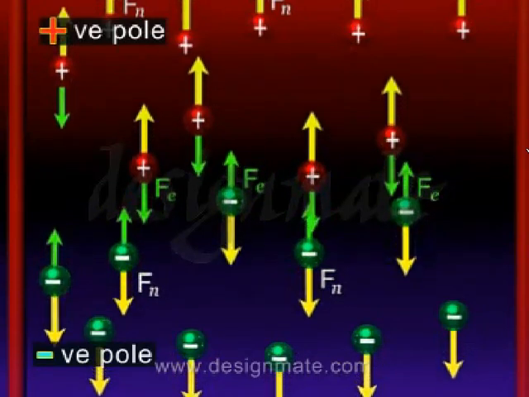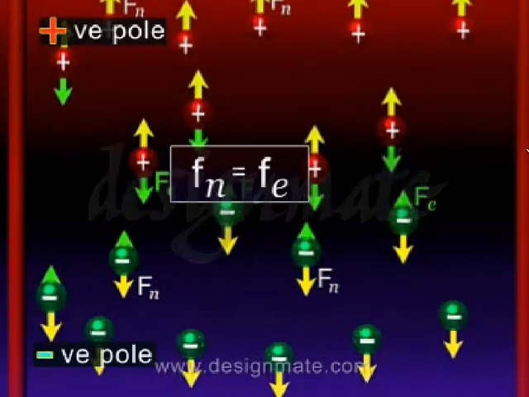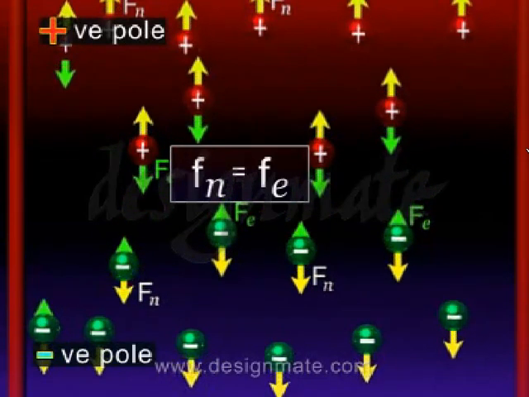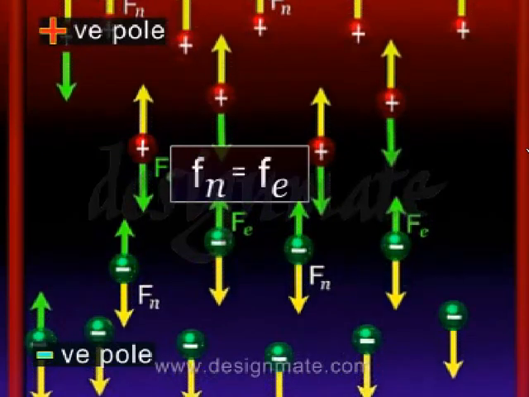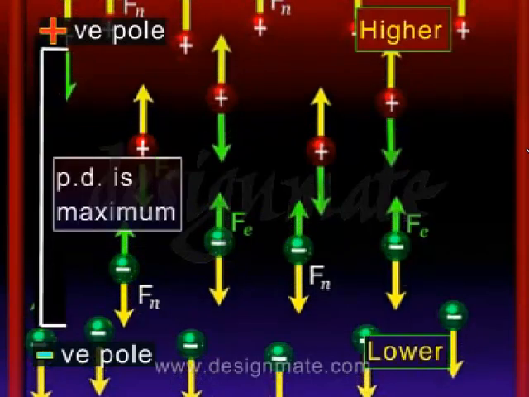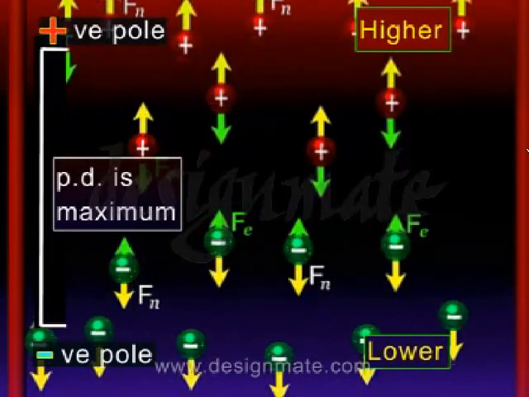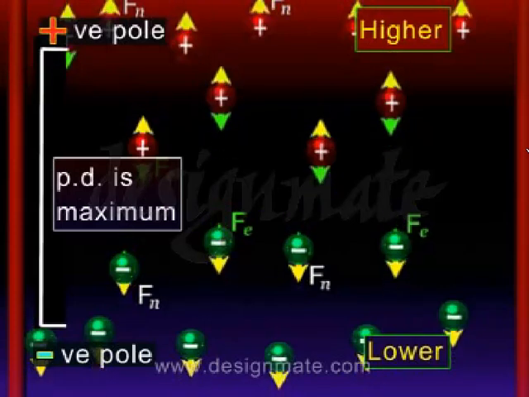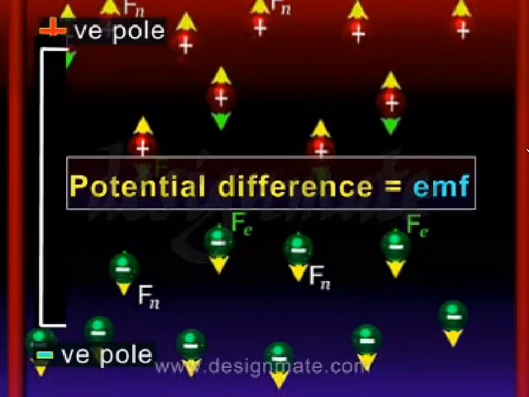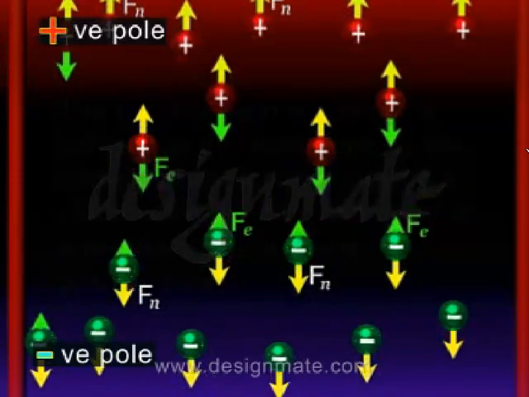One situation arises in which Fn is equal to Fe, after which no further charges are accumulated at the poles. In this situation, the electric potential difference between the two poles is maximum. This potential difference, PD, is called EMF of the battery.